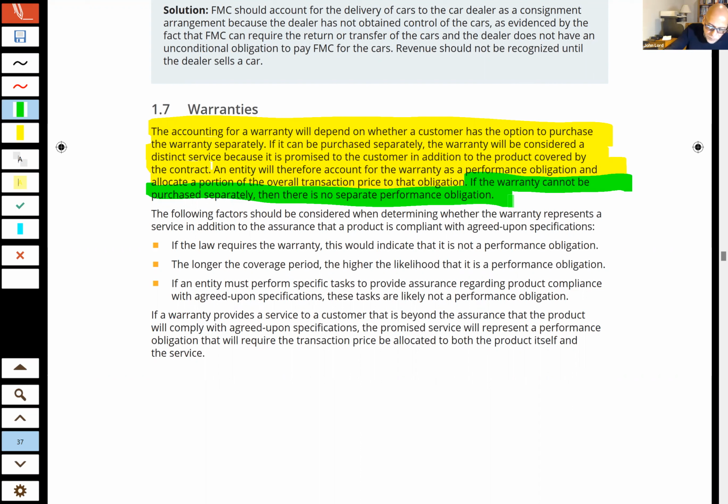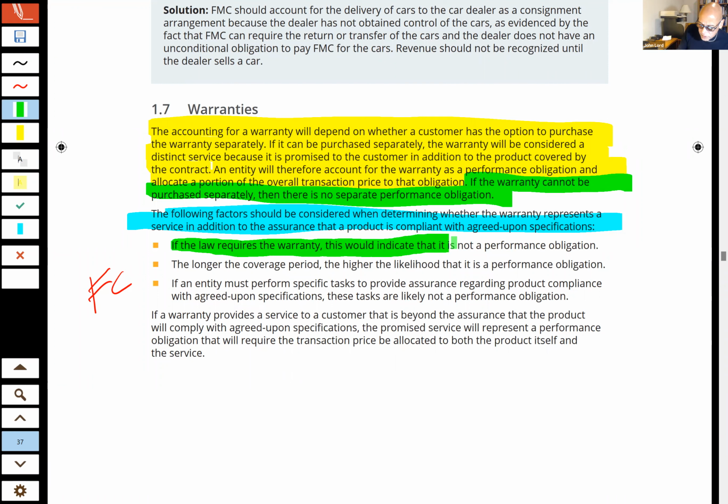Now, factors that should be considered to determine whether the warranty represents a service in addition. You can flashcard this, although there's kind of a funny way of looking at it, because sometimes they ask what would make it a separate performance obligation and what would not. So if law requires the warranty, then this would indicate it is not a separate performance obligation.